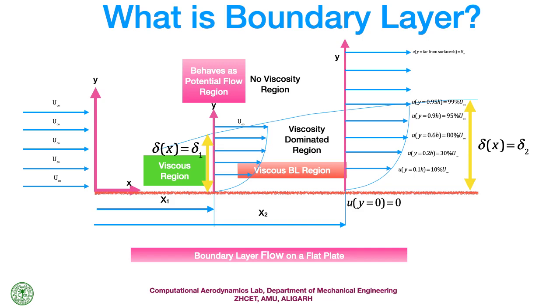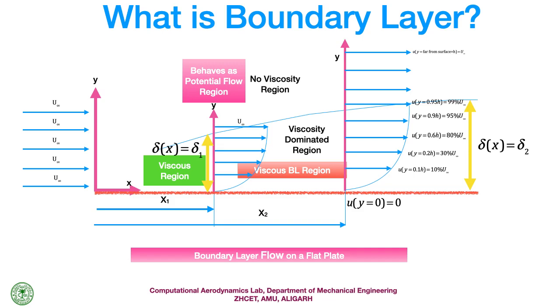Now at the edge of the boundary layer, u becomes nearly equal to u infinity. Now in this part, we do not know what type of action is there.